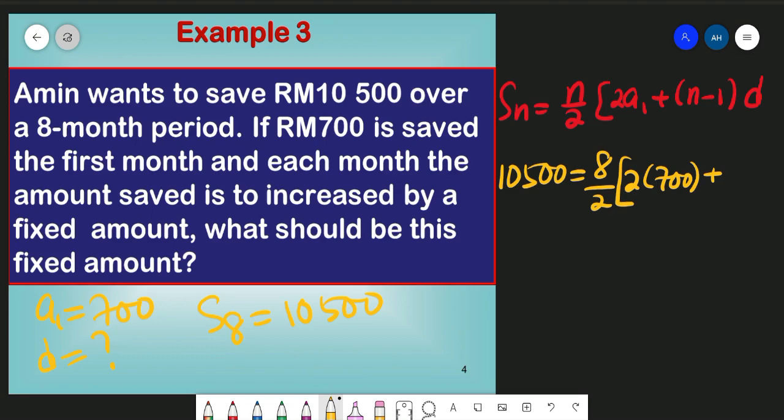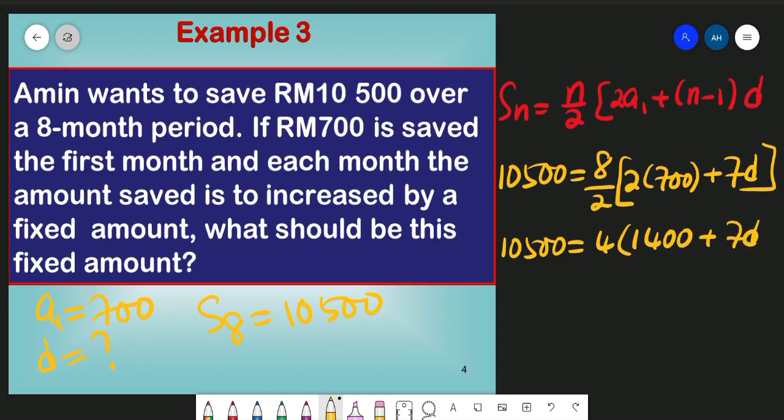N is equal to 8, so 8 minus 1 is 7, so we have 7d. Let's simplify our calculation here. So we have 10,500 equal to 4 times, 700 times 2 is 1,400, plus 7d.